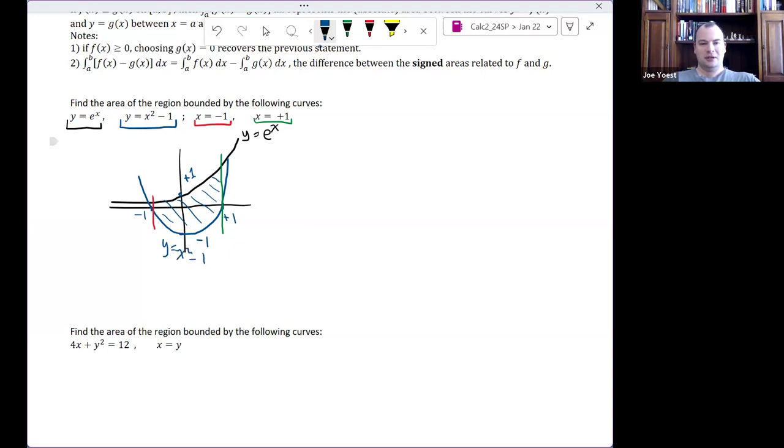So if I call this f and this g, then f is bigger than or equal to g on the domain that I'm interested in, -1 to 1. What's the area? Then it's the integral from -1 to 1 of f minus g, of e to the x minus (x squared minus 1) dx.